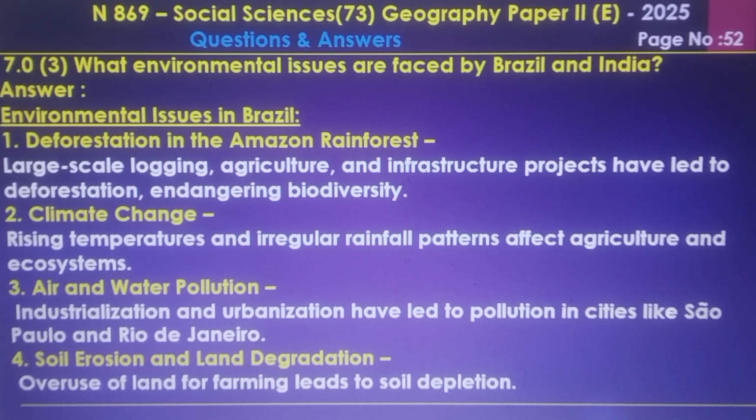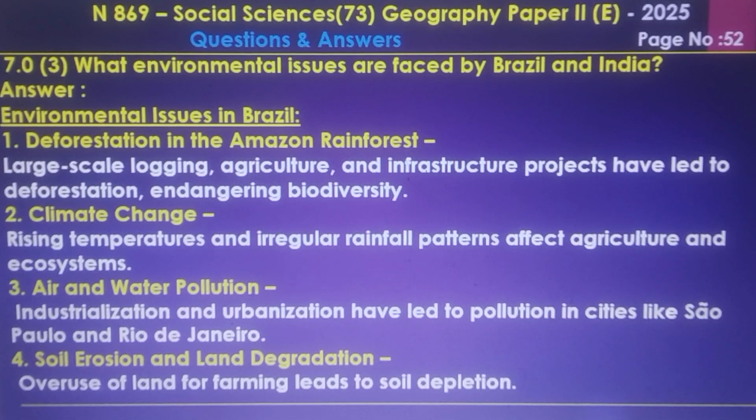And point number 2, climate change. Rising temperatures and irregular rainfall patterns affect agriculture and ecosystems. And point number 3, air and water pollution. Industrialization and urbanization have led to pollution in cities like Sao Paulo and Rio de Janeiro.